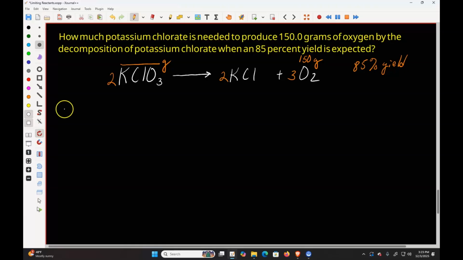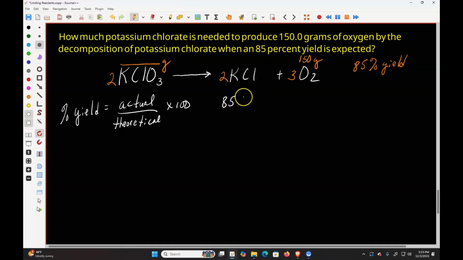So, my percent yield is equal to the actual over theoretical times 100. That gives me 85% is equal to the actual yield, which is 150 grams. I need to solve for the theoretical.